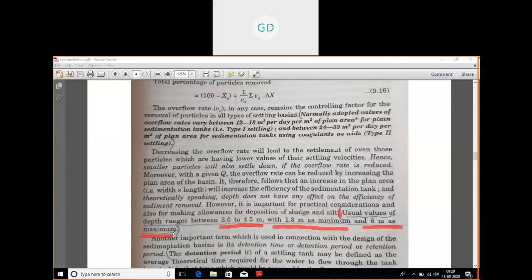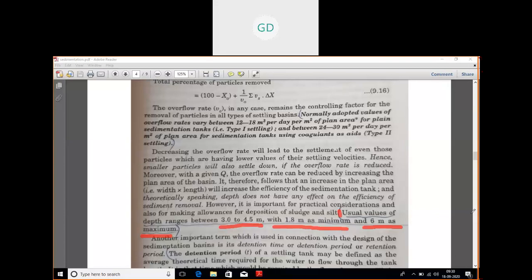You write down the depth because sometimes in numerical problems the depth of the water tank might not be given in the question. For solving for surface area or something like that, you need to know the value. If it's 3 to 4.5, it's your choice whether you take it to be 4 or 4.2. It depends upon you.